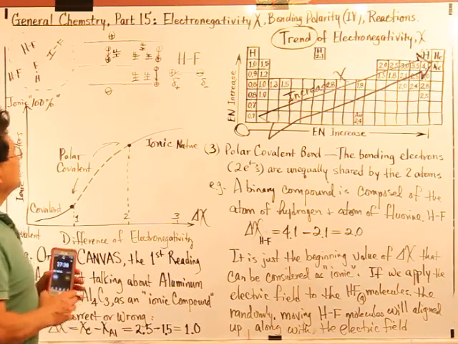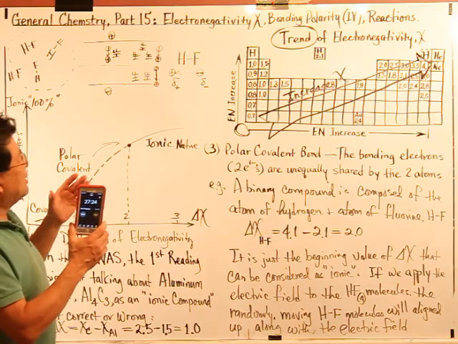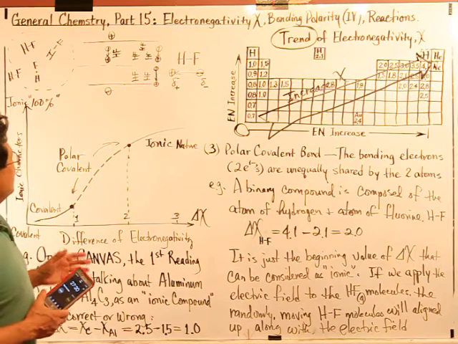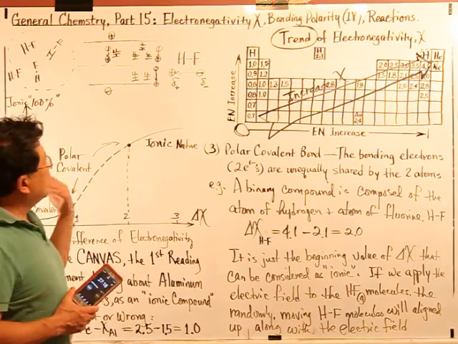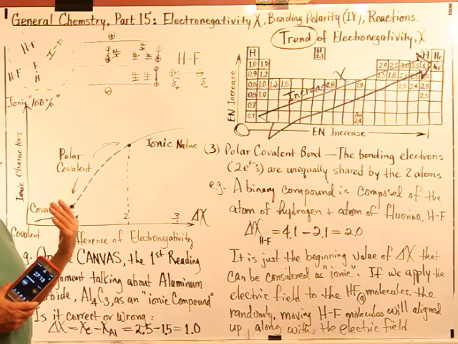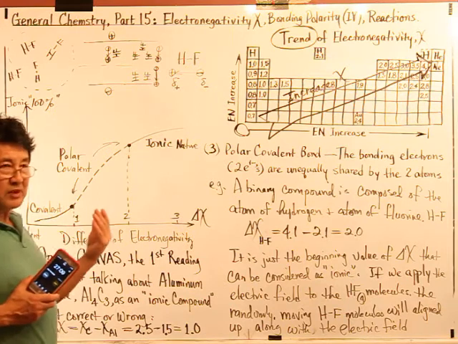So using electronegativity on the periodic table, the periodicity of electronegativity for elements, we know on the left-hand side most metals have electronegativity values right under 2, something close to 1, most of them.